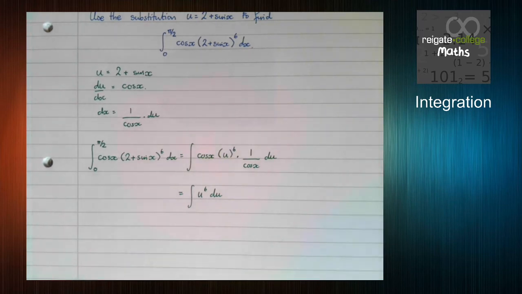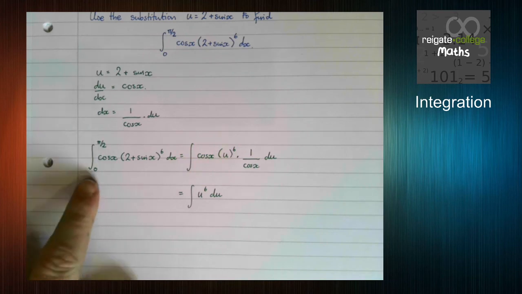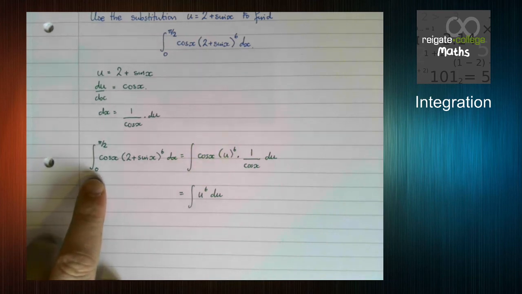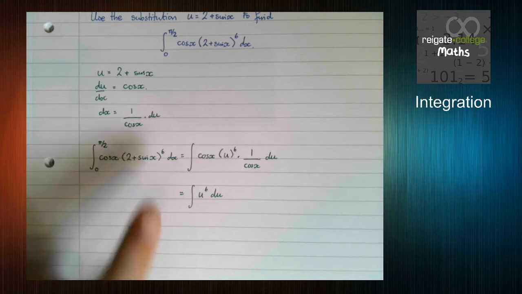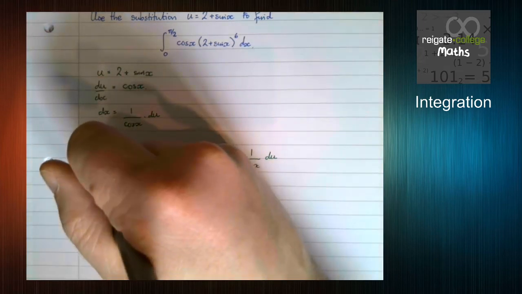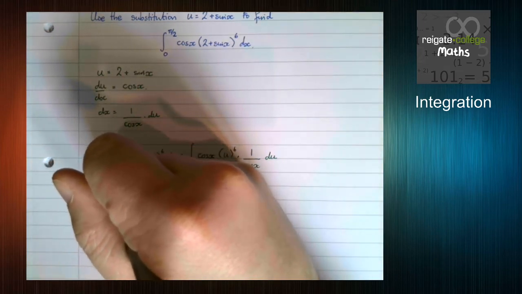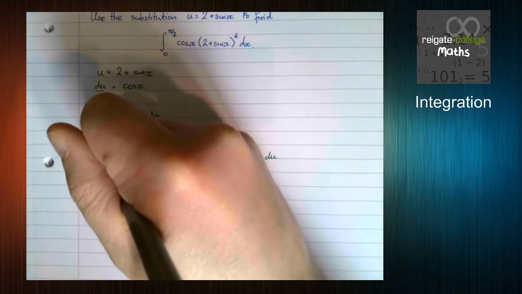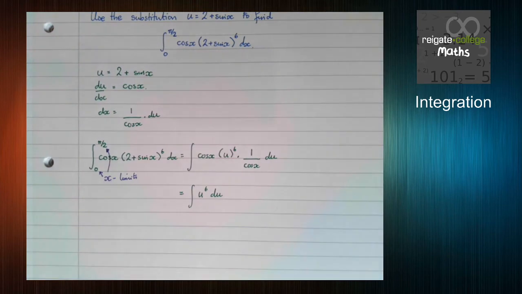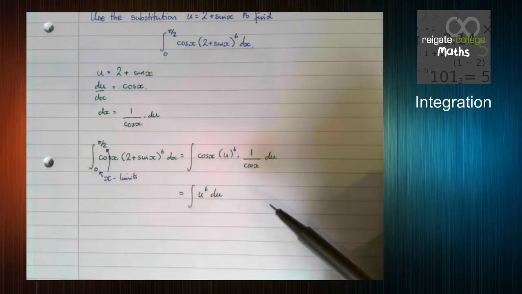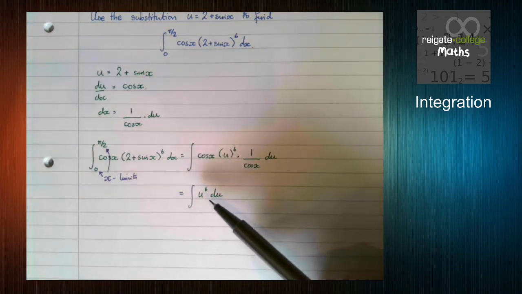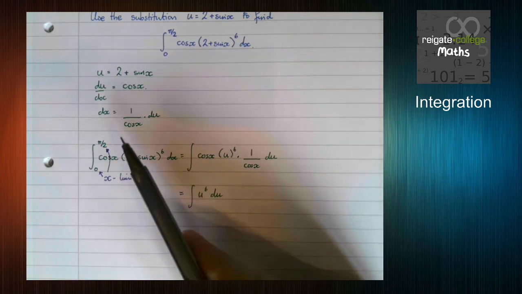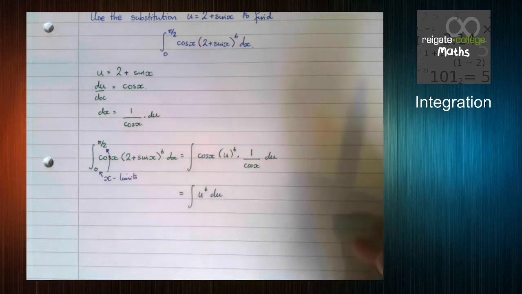Let's deal with the limits now. These, which variable are these the limits for? They're for the variable x. So these are the x coordinates. So these are the x limits. Here, we've got rid of all of the x's. So the x limits are no longer valid.